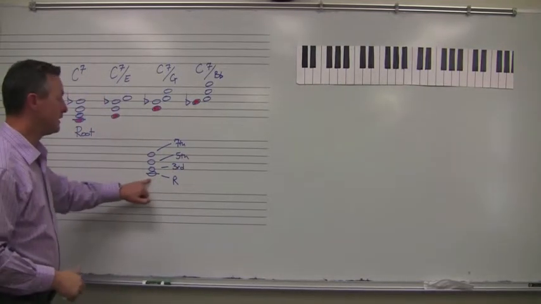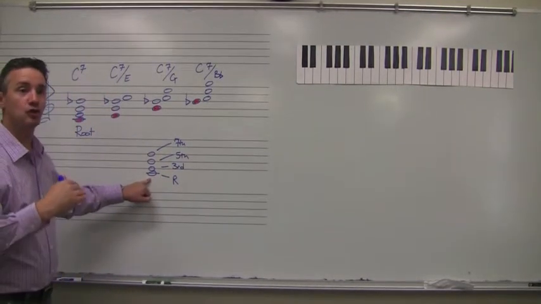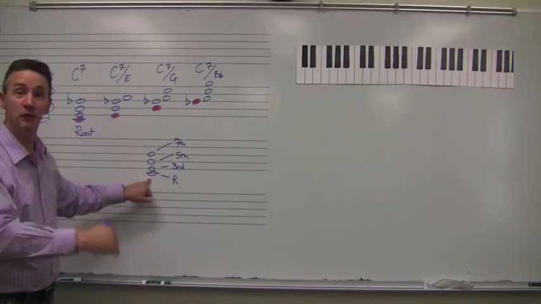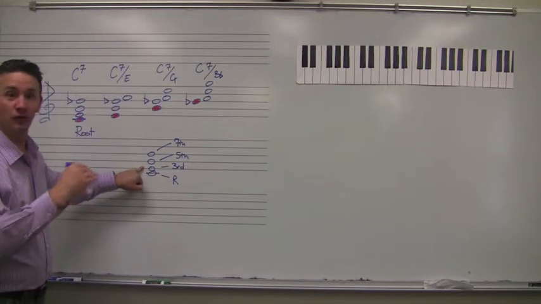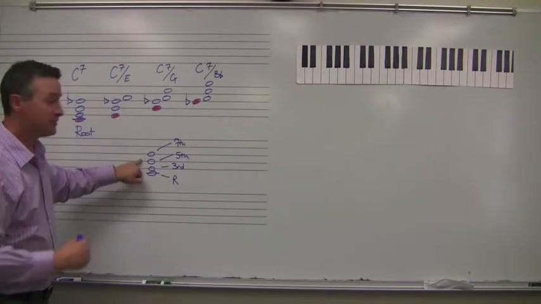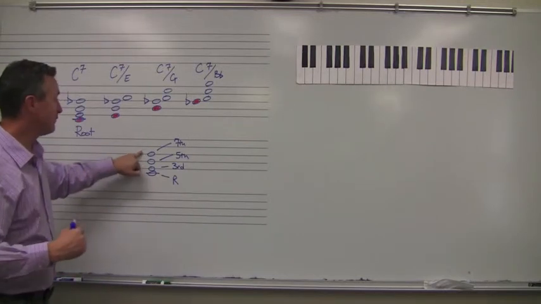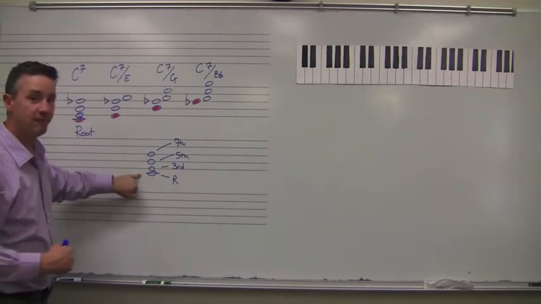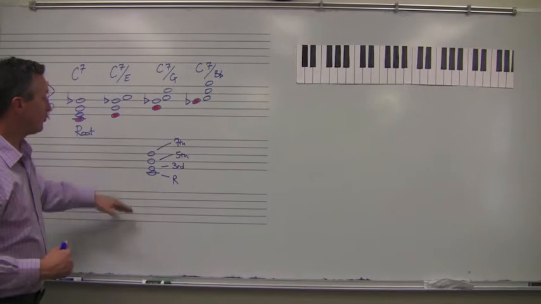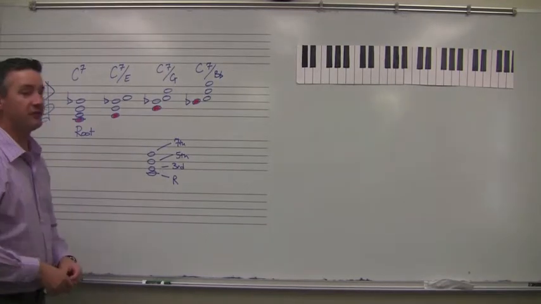The root is the note that the triad or seventh chord is built upon. The third is the note that is a third above that. The fifth is the note a fifth above it, and the seventh, now that we've added, is a note a seventh interval distance above the root. So we refer to these then as root, third, fifth, and seventh.